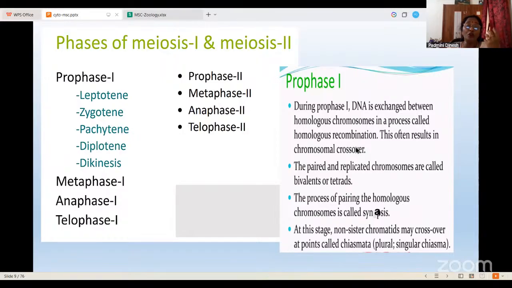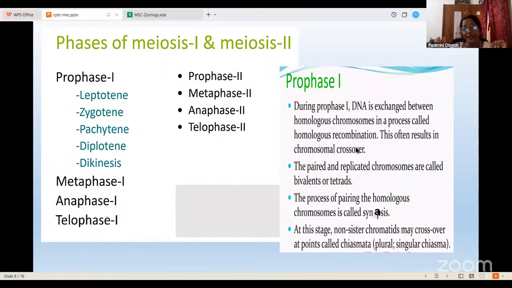What is the amount of recombination that you can get? Given that we have 46 chromosomes, all the 46 chromosomes have to undergo recombination between these homologous chromosomes. So imagine that we will be getting somewhere around 70 trillion combinations. With 70 trillion combinations, you can definitely expect that not in this century, not even in the coming centuries, for ages and ages, no two persons are going to be alike.